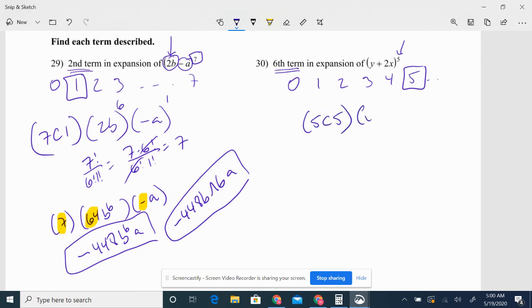My second parenthesis is going to be y, and the third parenthesis is going to be 2x. Now, starting at 5 going down, what's my sixth number? So 5, 4, 3, 2, 1, 0. What's my sixth term? 0. Now, starting at 0 going up, which is my sixth term.